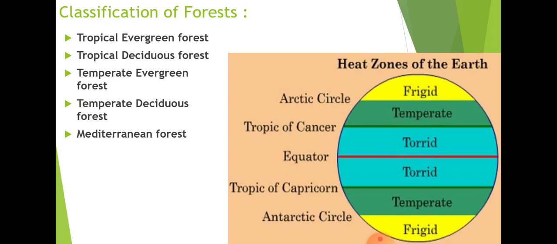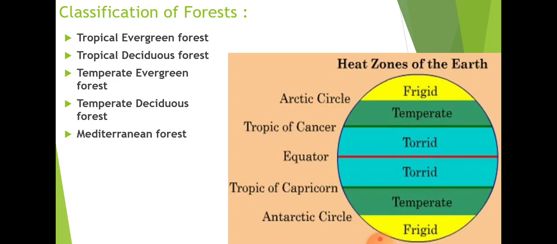These tropical forests which we are talking about are found in the torrid zone or the tropical zone. These kinds of forests, like the tropical evergreen forest and the deciduous forest, found in these zones are considered tropical because they are between the Tropic of Cancer and the Tropic of Capricorn.